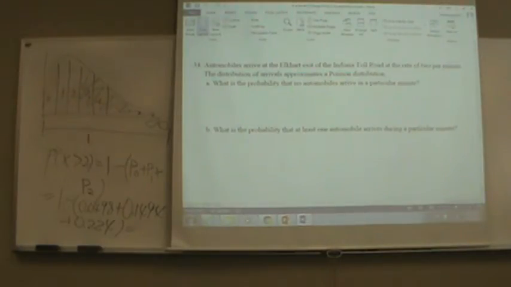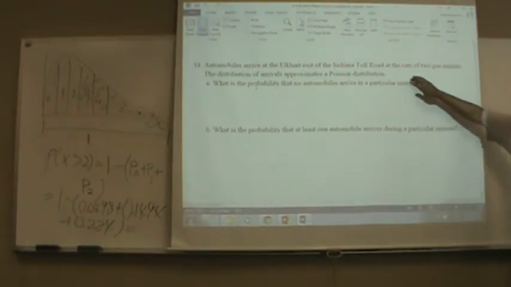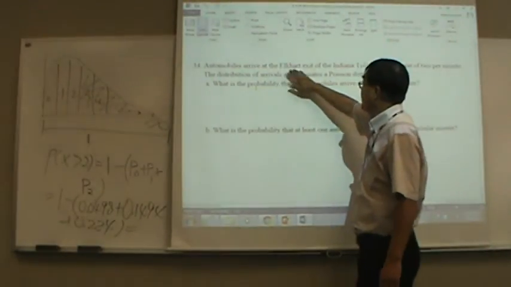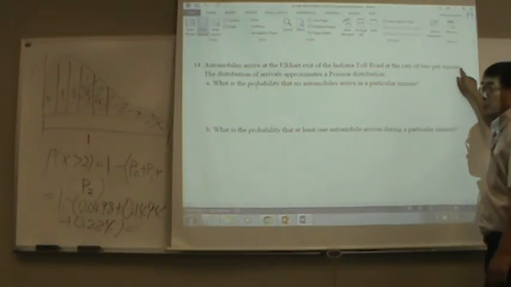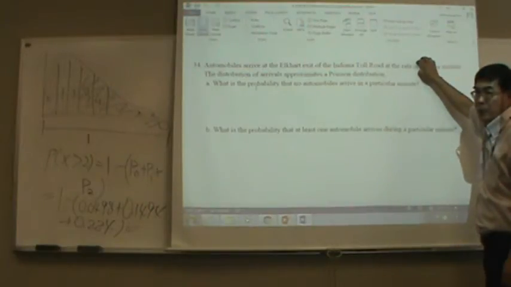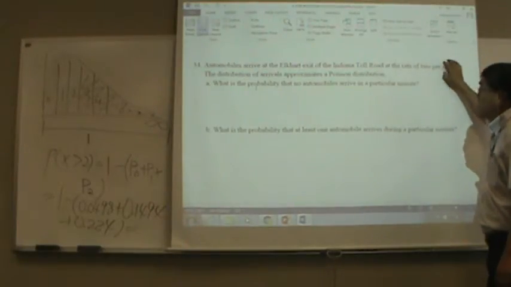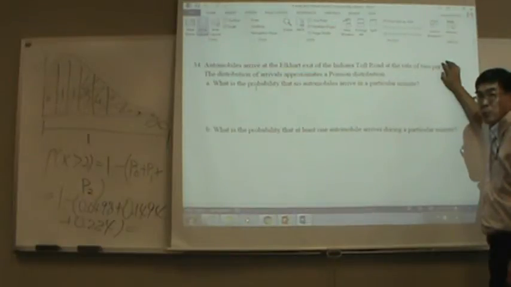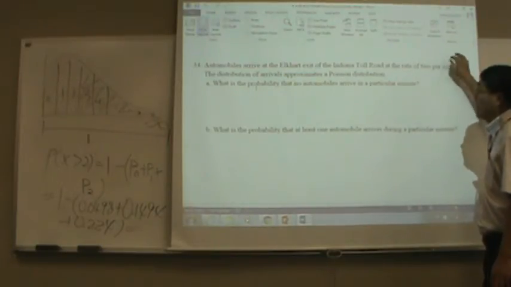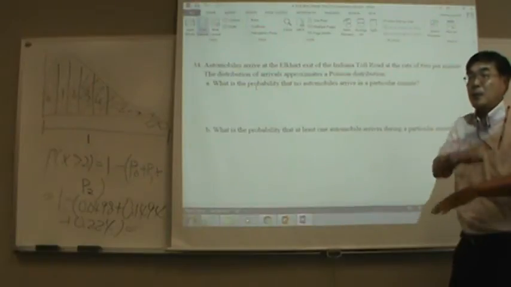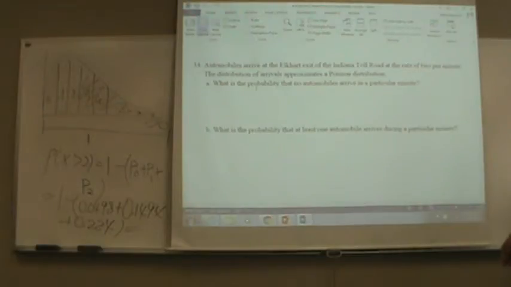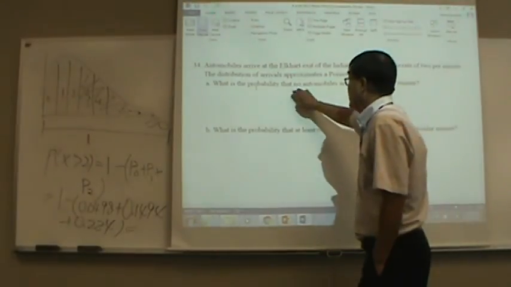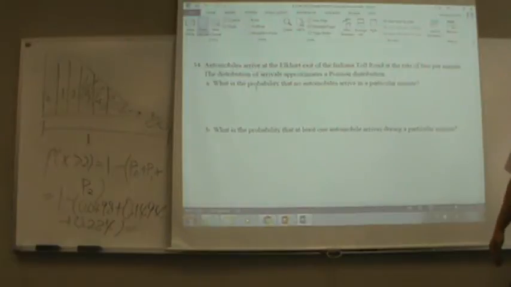Two per minute, time and counting number, so discrete, and this one is a Poisson distribution problem, because time and counting. Time, surface, area, how many, that is Poisson distribution. And then what is the probability that no automobile arrives in a particular minute?